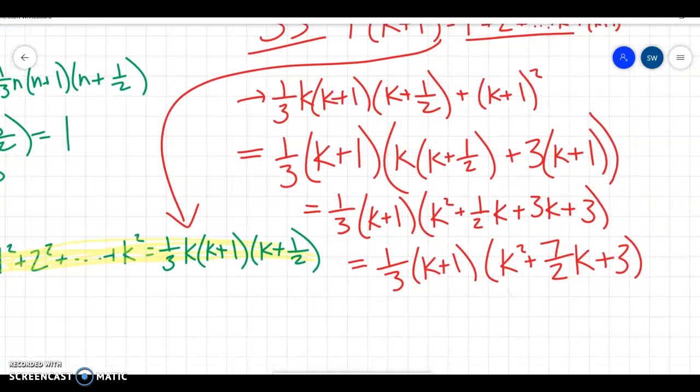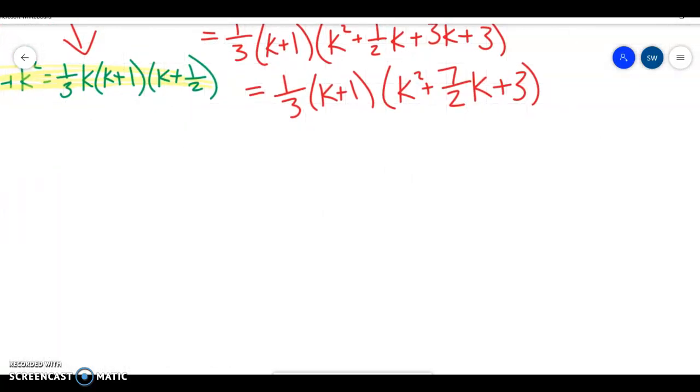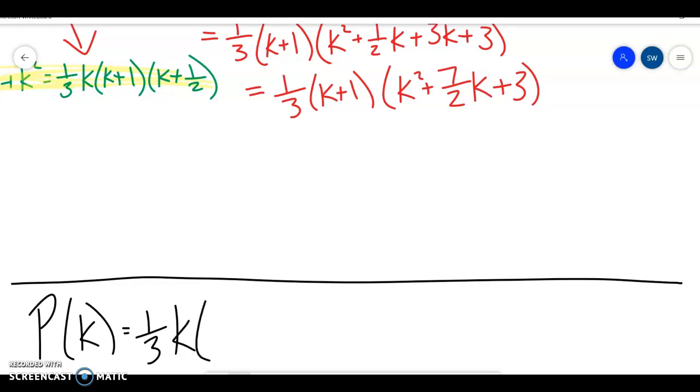So I've kind of got an ugly quadratic in there. Often in the middle or at the very beginning, I sometimes just write something off to the side.